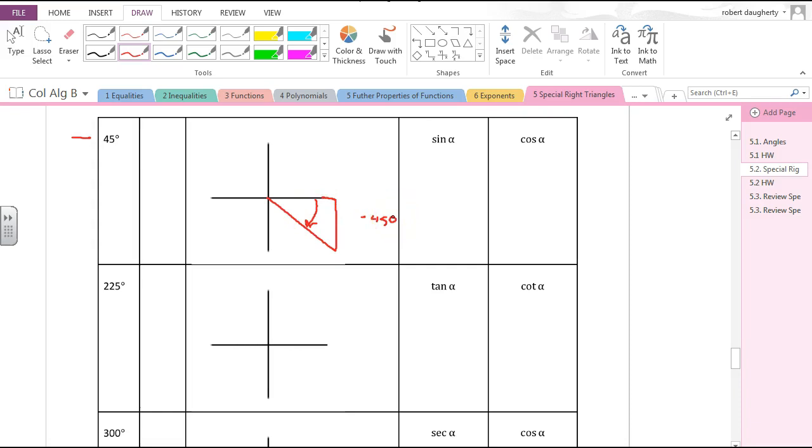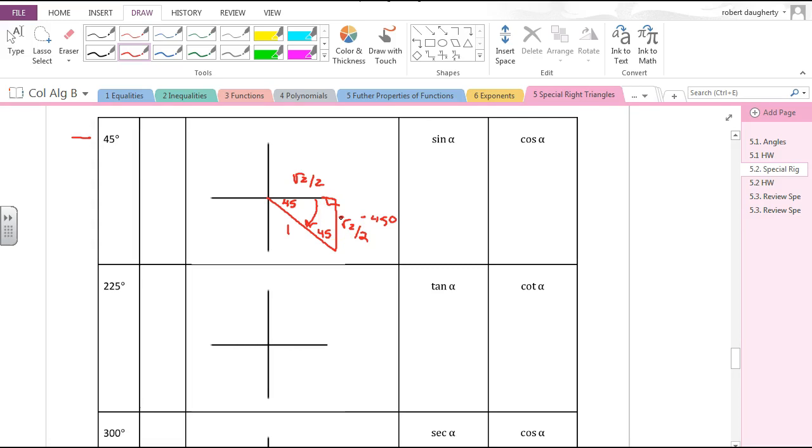That's a 45 degree angle. This is 1, and these are square root of 2 over 2. Which one's positive, which one's negative? Yeah, the x is positive, the y is negative.